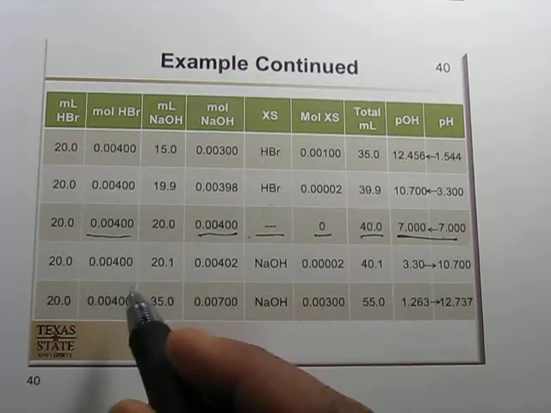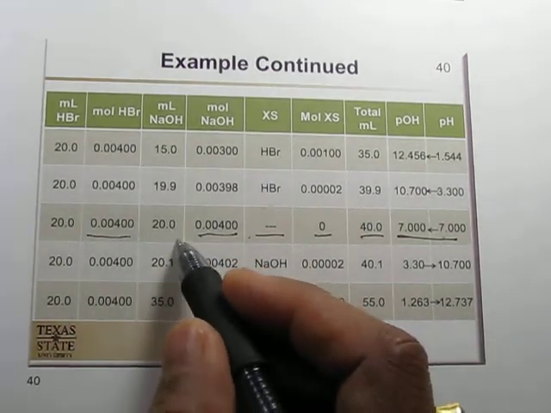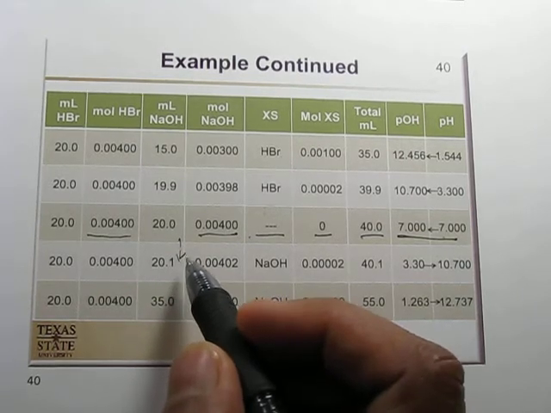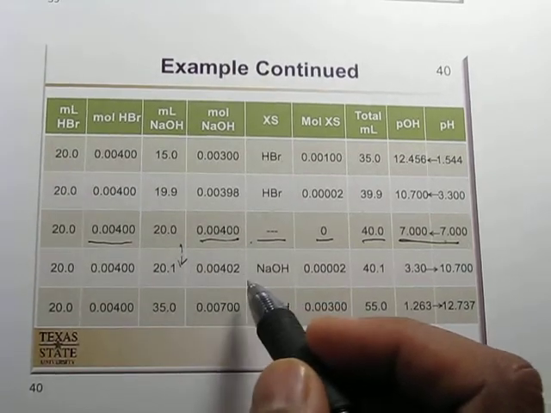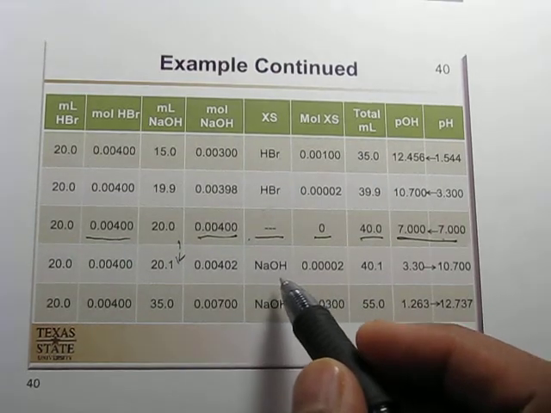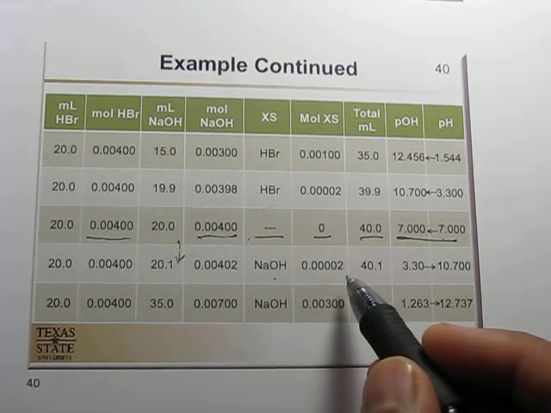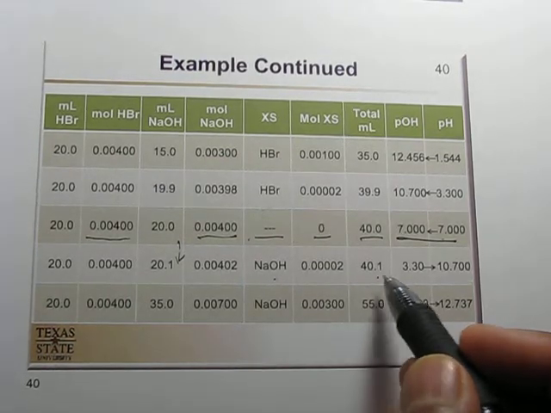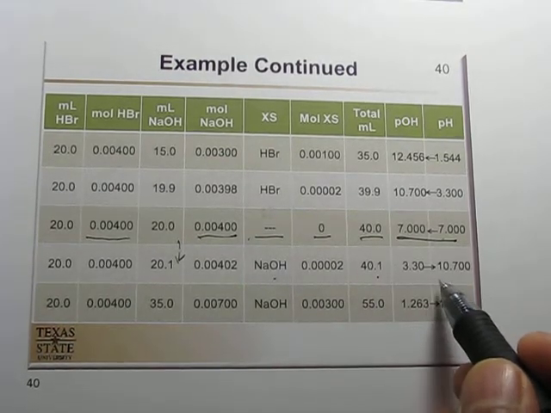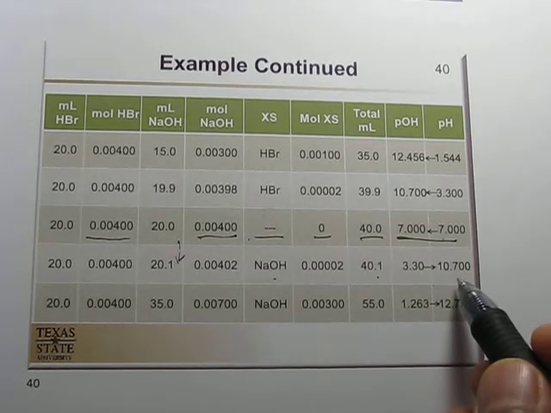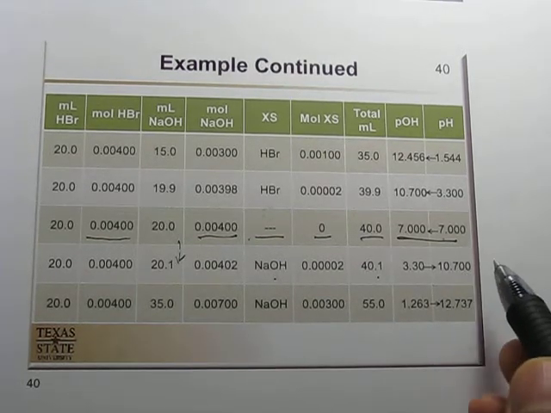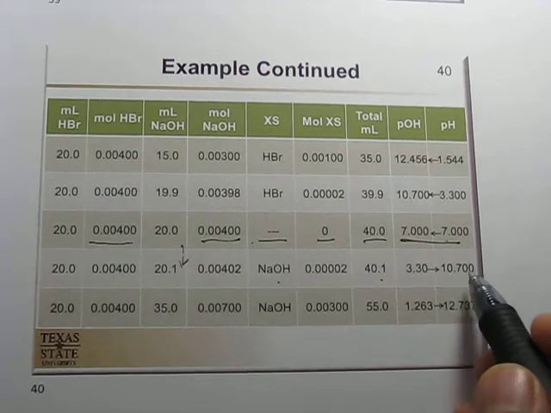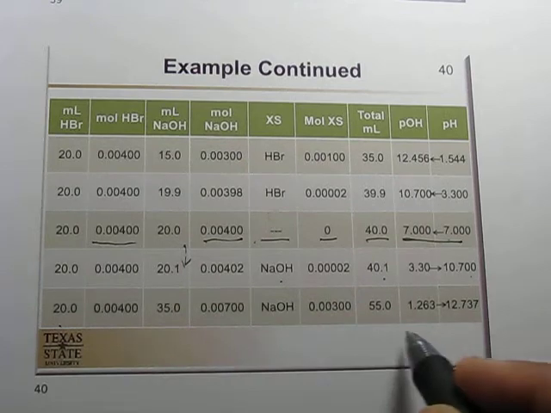If we move above the equivalence point, here you can see 20.1 ml of NaOH, so basically we added excess NaOH. Once we have the excess NaOH, we find how much excess hydroxide ion there is, and once we know the hydroxide ion excess, we take the negative log of hydroxide ion to get the pOH, and once we know the pOH, we subtract from 14 to get the pH, and the same thing for the last one.